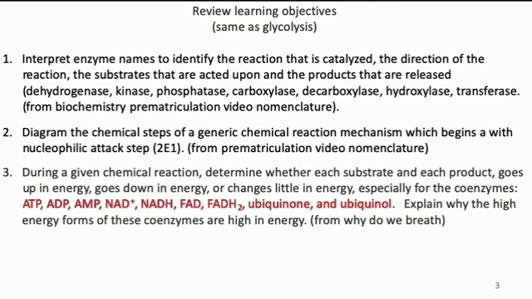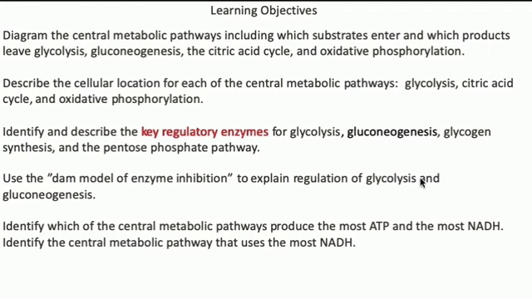Accordingly, I have the same review learning objectives for the gluconeogenesis talk as for glycolysis, and even these new learning objectives on gluconeogenesis parallel the learning objectives for glycolysis, in that they are focused on enzyme nomenclature, regulation, the DAM model, and on energetics. Does it go up or down in energy?